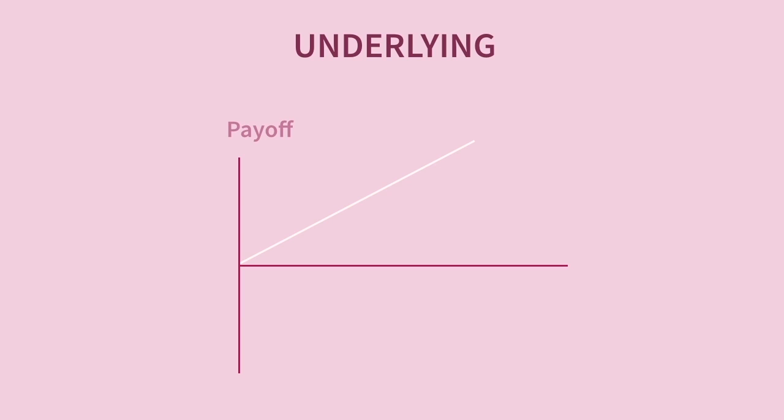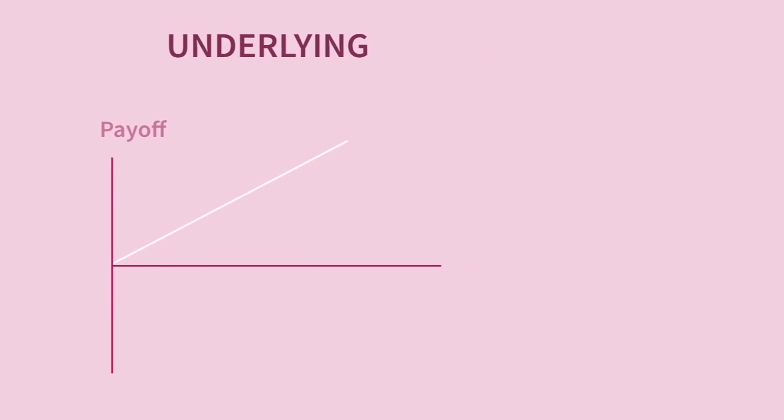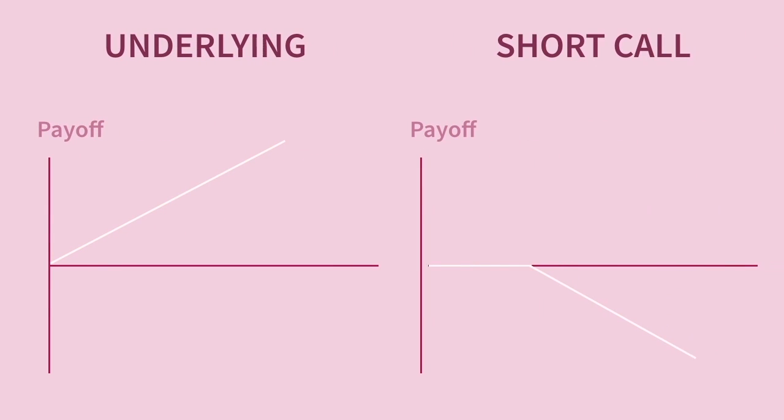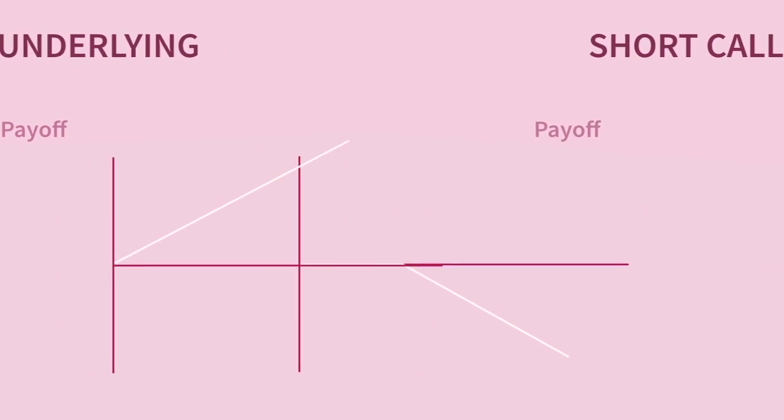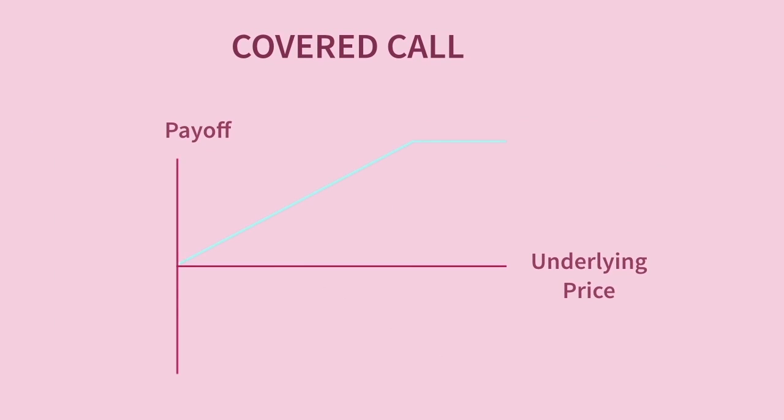Now, if this was a profit graph, there would be some part of this in negative territory, but not a payoff graph. The resulting combination looks like this, showing the lower range where the option expires worthless and the value of the position is dependent on how low the underlying price goes, and the upper range where we have a fixed maximum ceiling profit.